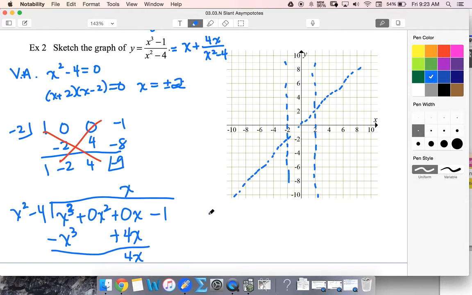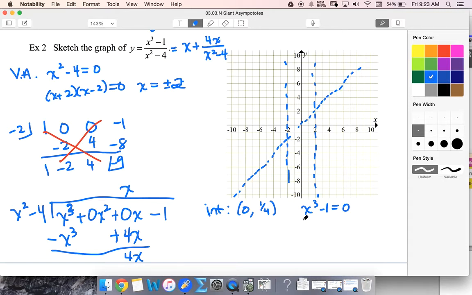Let's think about intercepts now. When x is 0, the y value is going to be 1/4. So when we've got 0, we've got positive 1/4. When y is equal to 0, that is going to be when x cubed minus 1 is equal to 0. That happens when x is equal to 1.